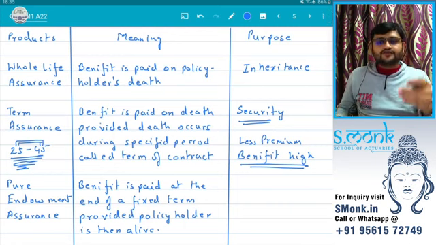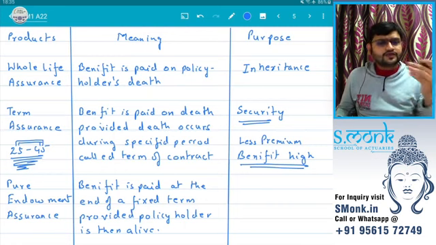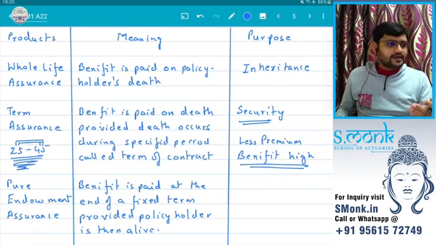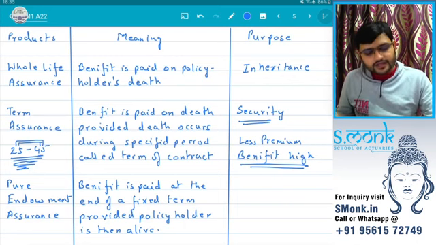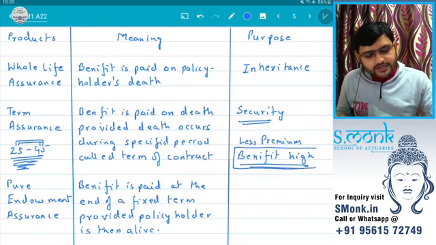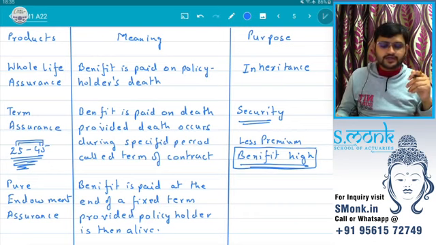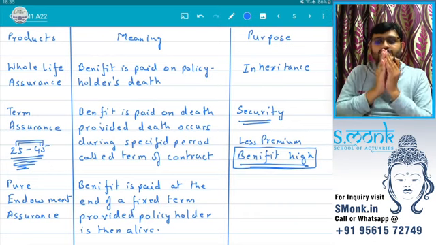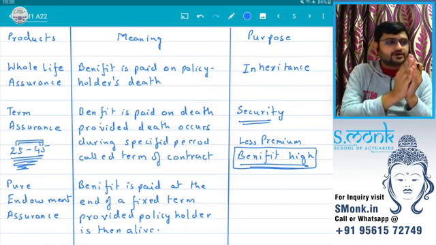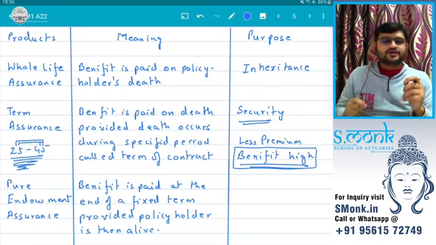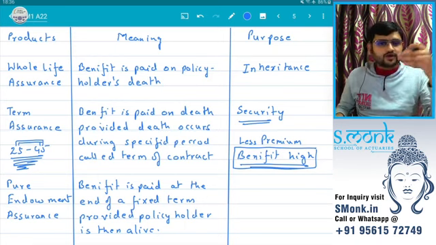Even though probability of dying is very, very small at that particular age, if the person dies at that particular time period, there will be a big loss to the family, and then the insurance company would provide financial support to such families for that security, the peace of mind, the risk that you are taking by going out every single day.